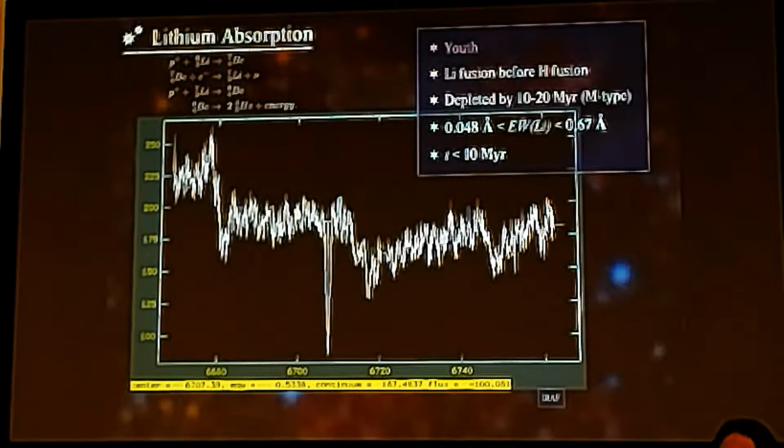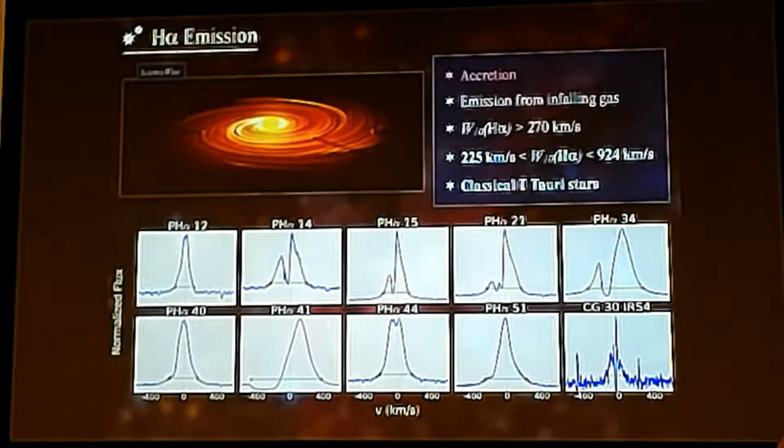Okay, so that's pretty quick. That means that if you're looking at an M star and you see lithium, it's probably very young. In fact, you can pretty confidently say, so you saw all the lithium in these spectra. We conclude that these 10 stars are probably younger than 10 million years. Good ballpark.